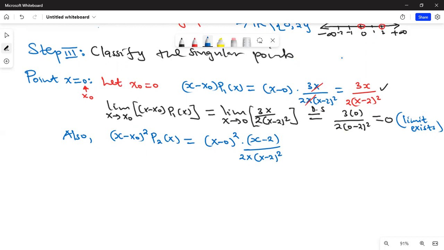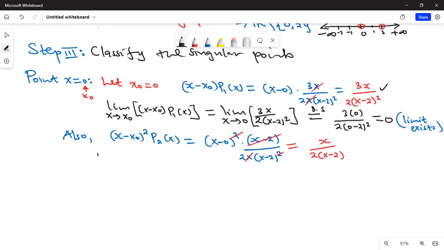So what are you going to get when you simplify? Of course, x minus 2 will cancel with one of the powers, and x squared will cancel with one of the x. So that what you get is x over 2 into x minus 2. It's better to simplify before you find the limit.